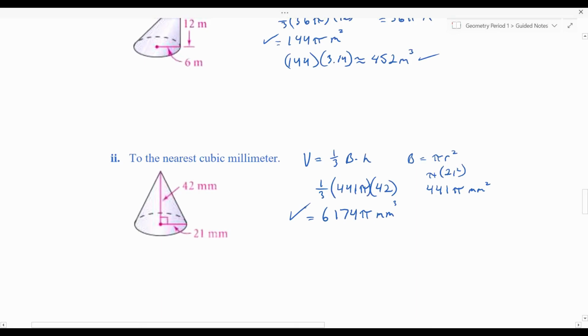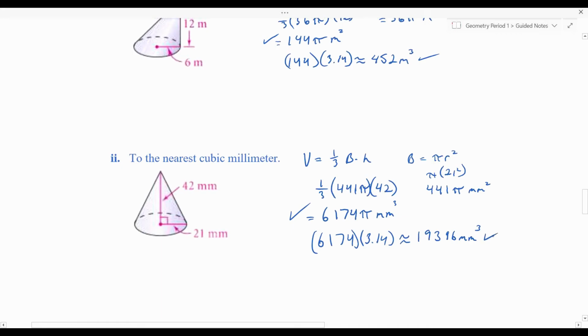Now to calculate this to the nearest cubic millimeter, we need to multiply this 6,174 times 3.14. So let's do exactly that. Multiply it times 3.14, and that comes out to be approximately 19,396 cubic millimeters.